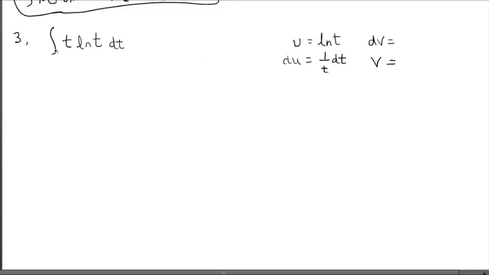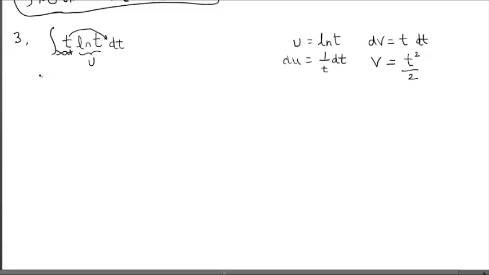So if this is u, then t dt would have to be my dv part. You could rearrange it if you wanted to. Now let me find the antiderivative, which would be t squared over 2.